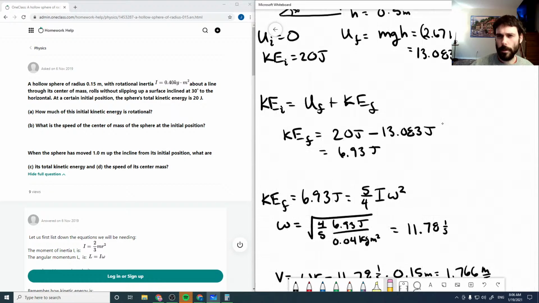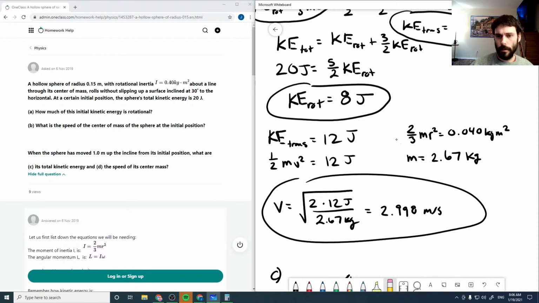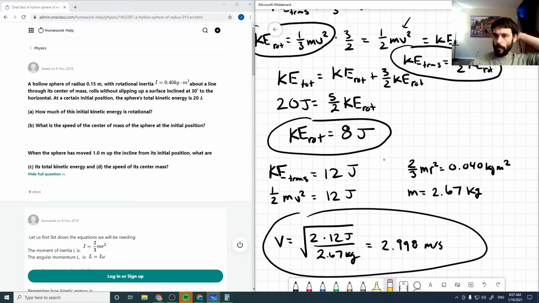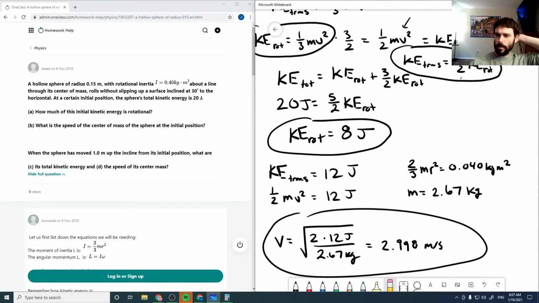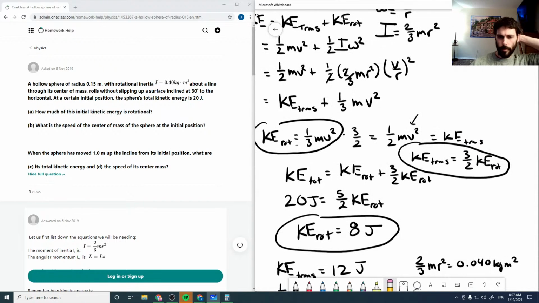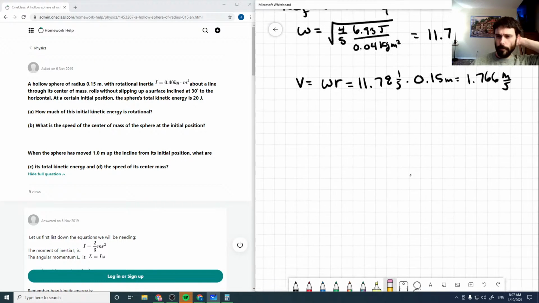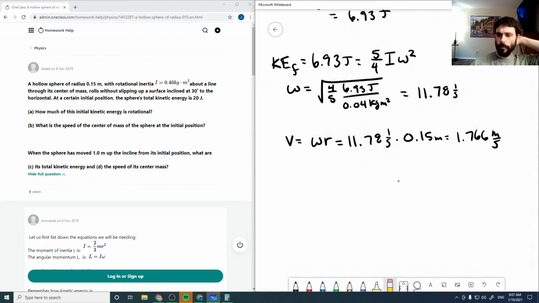Or from our original relation here, as our translational energy is 3/2 of our rotational, or we could have used that our rotational kinetic energy was 1/3 of mv squared. But either way, there should be several ways to get at velocity from that.